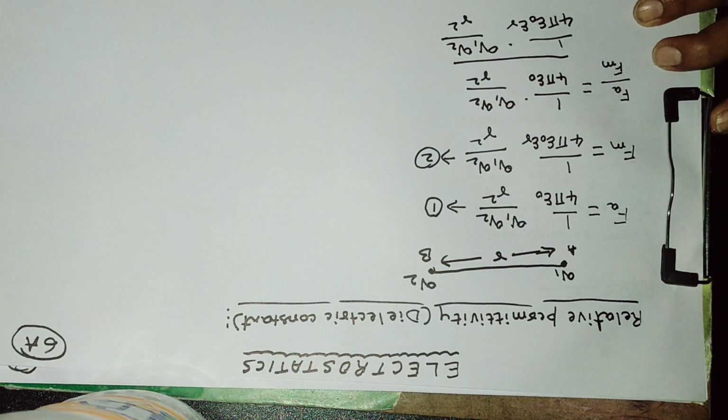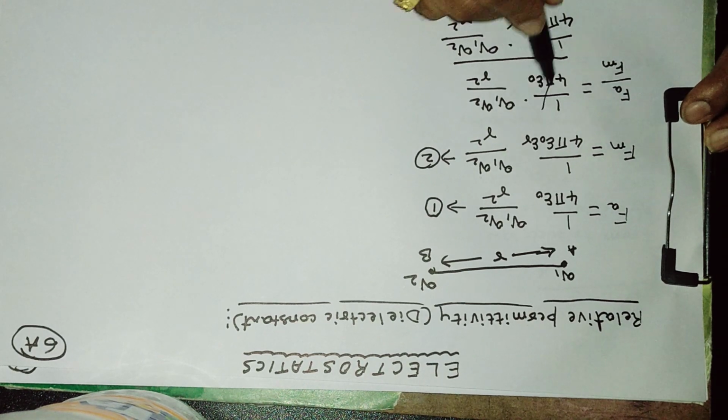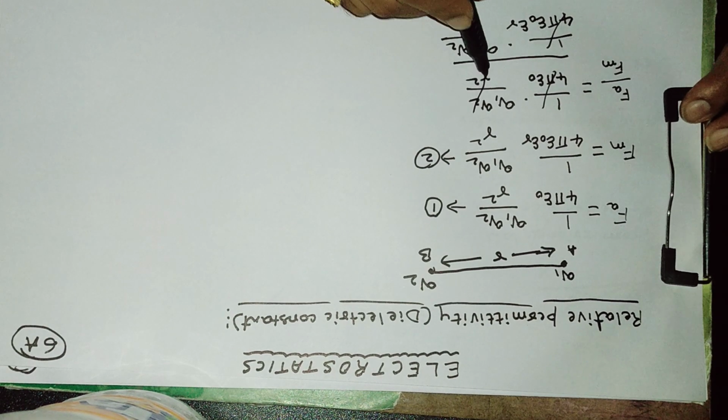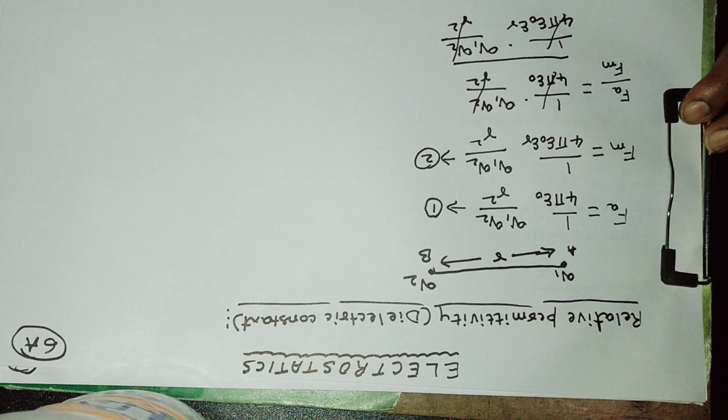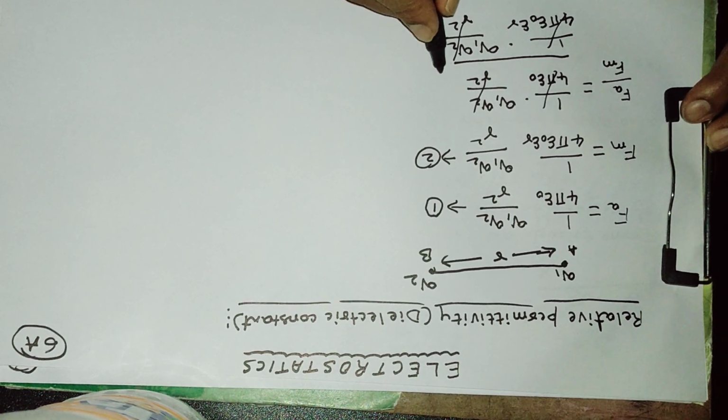Students, observe carefully here that 1 by 4 pi epsilon naught gets cancelled because you find it in both the numerator and the denominator. Also, q1 into q2 by r square gets cancelled. You are left with only epsilon r in the denominator of the denominator, so mathematically it goes to the numerator.